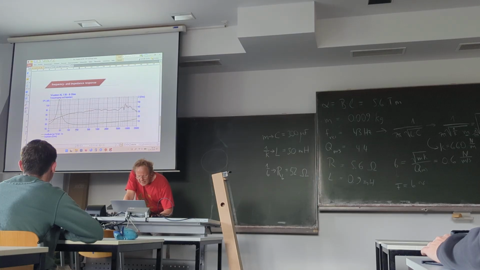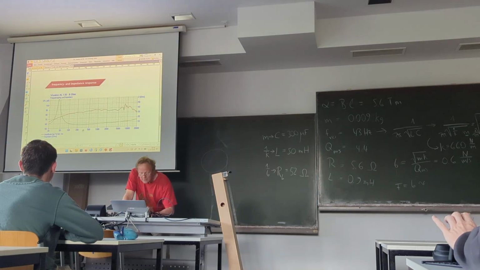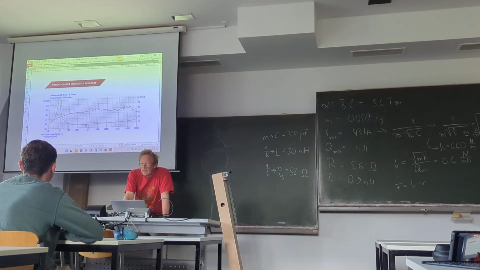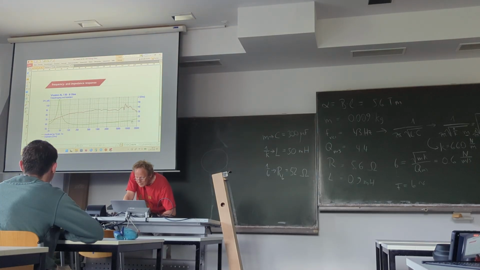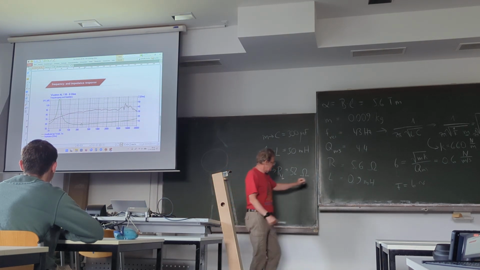And probably they are using a loudspeaker with a little bit more electric resistance, because there's a minimum of the impedance, and that's probably the value of the coil itself. So of just the wire, and this seems to be, well, no, it's nearly correct. It's 6 ohms, so we are very close to these 5.6 ohms.